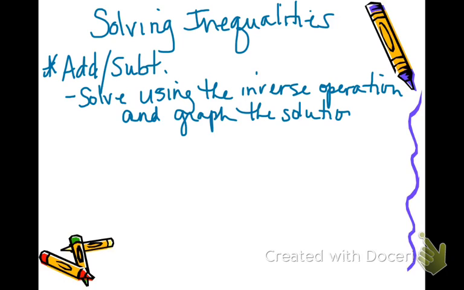Now remember, you're graphing the solution at the variable, so look to the side of the symbol that is facing the variable to decide which way to put your arrow.